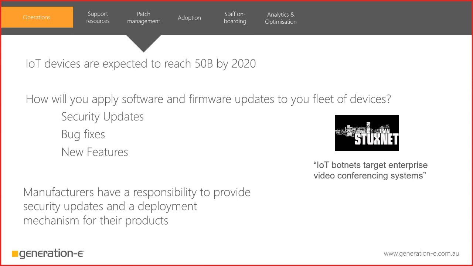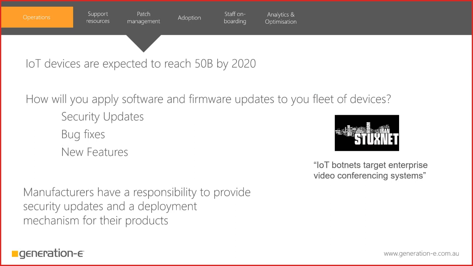Moving down onto operations. With all those IP devices we talked about being added, it's a lot more devices that need to be patched and maintained. An interesting stat I saw recently is that IoT devices are expected to reach about 50 billion by 2020. These are all IP devices, and you'll see a lot of the AV industry now talking about AV devices as IoT, because essentially they are.